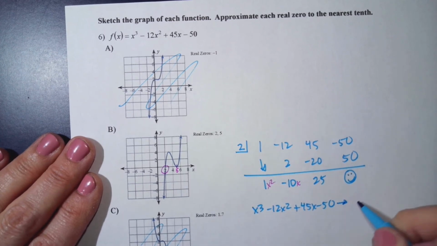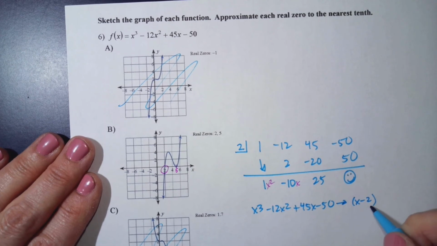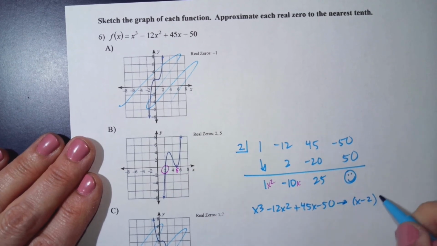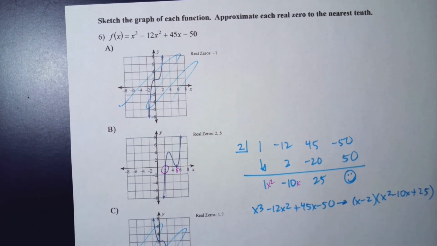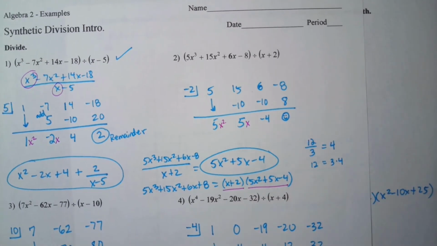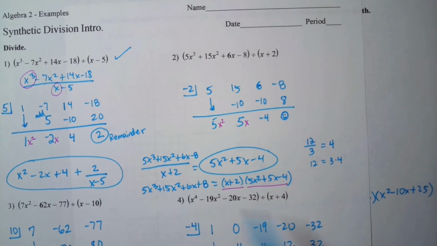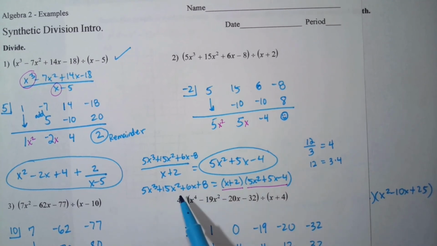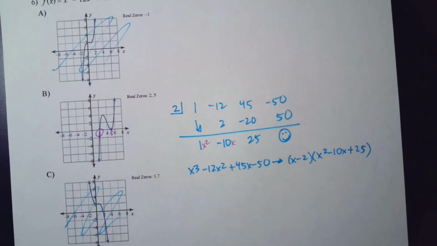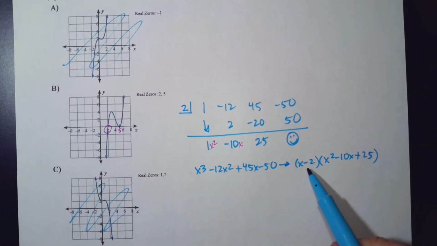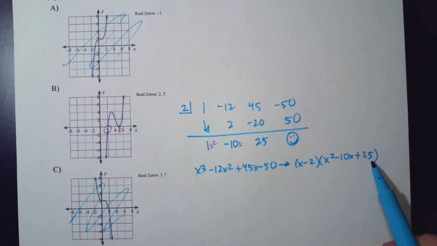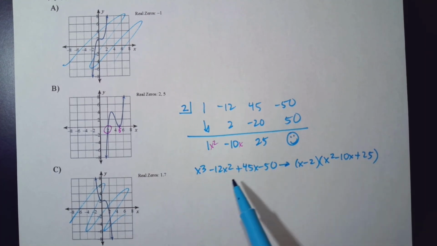So that means that x minus 2 is one of the factors, and then there's the other factor right there, x squared minus 10x plus 25. That's like what I was showing you on example number 2, how when you divide something it comes out perfectly. You can bring what you were dividing by over to multiply, and it's supposed to multiply back to the original. So we have just proven, because that's a 0, that x minus 2 is a multiplier to x squared minus 10x plus 25 to get my original.